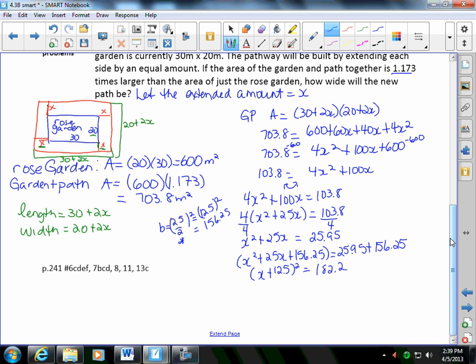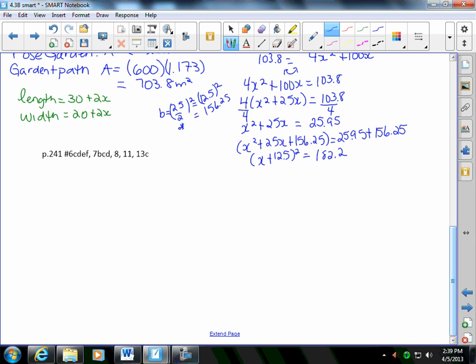So now I can finish with the square root property. Square root both sides. So I have x plus 12.5 is equal to plus or minus the square root of 182.2, which is 13.5. So I have to bring that 12.5 over, so I subtract by 12.5.